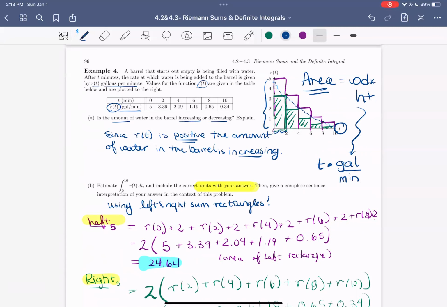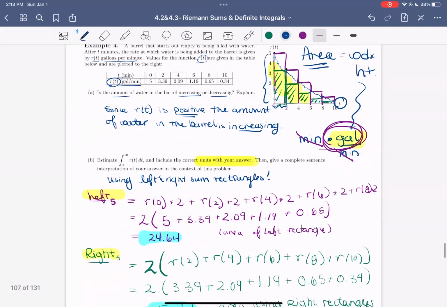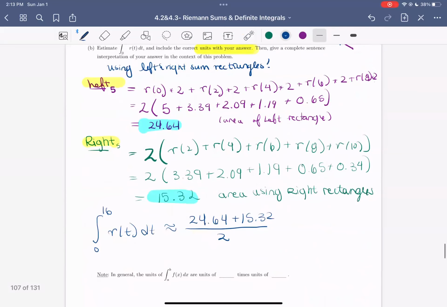I can do minutes here. So my time is in minutes. So I could just write that out more specific. Minutes times gallons per minute. And what happens here is that the minutes cancel out and we're just left with gallons. So what we're computing when we're computing this area is an accumulation of water in the bucket. So the units are gallons.